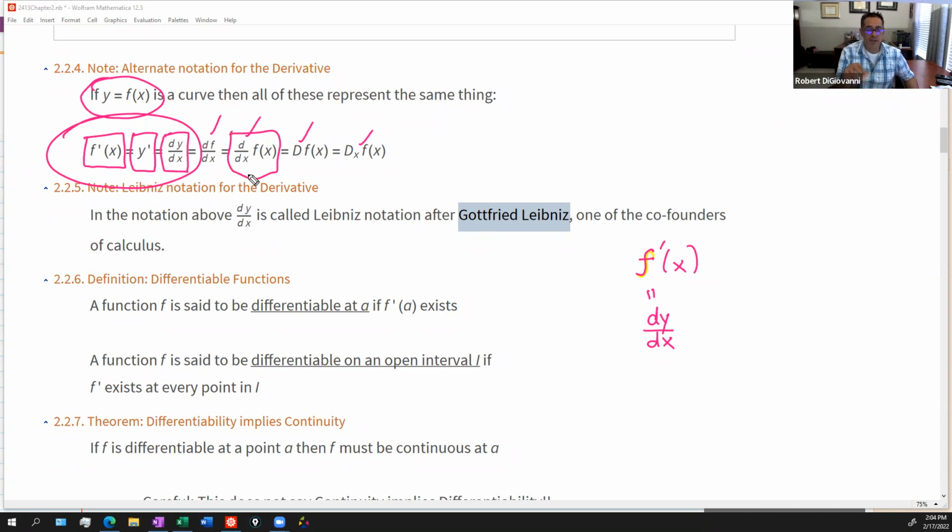The other notations are more valuable when you get to Cal 3, because in Cal 3 you have more than just x and y. You have functions with more variables than just x. You could have a function that has like 5 variables in it, and then you have to be real careful about keeping track of letters.